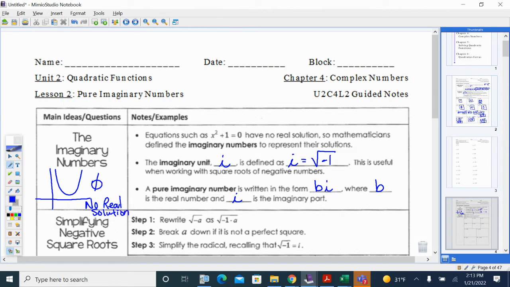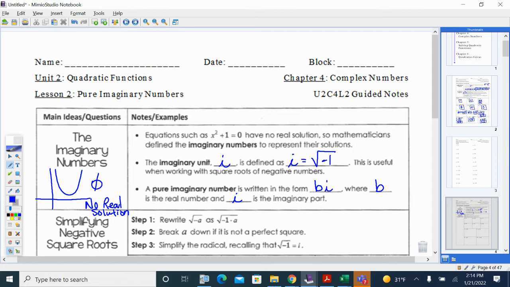Because in Algebra 2, what we're going to learn about is the imaginary unit, the complex number system. So mathematicians defined the imaginary unit so that instead of saying no solution in this instance, there are no real solutions, but we're going to be able to define these imaginary solutions using the imaginary numbers in the complex number system.